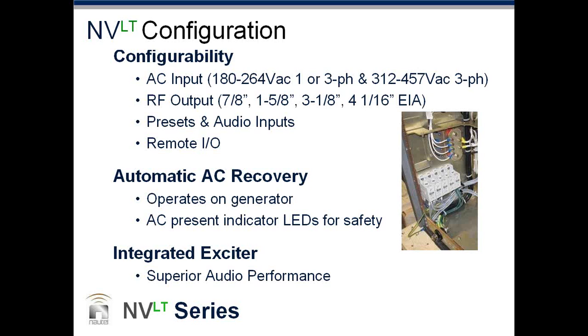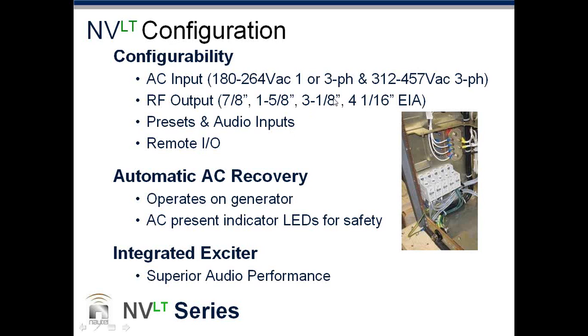Not only are they very, very efficient, and they provide a regulated output to the amplifiers over a broad range of AC inputs, but you can actually convert them in the field, whereas in the past you might have had to wait for a few weeks for a new transformer to arrive and then shovel it in place and pay for it. Now you can just simply do the changes yourself if you need to.